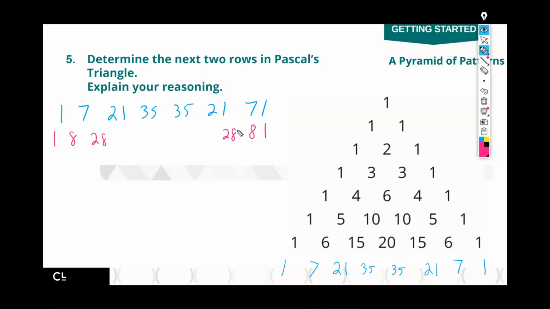21 and 35 will give you 56. And then 35 and 35 give you 70.